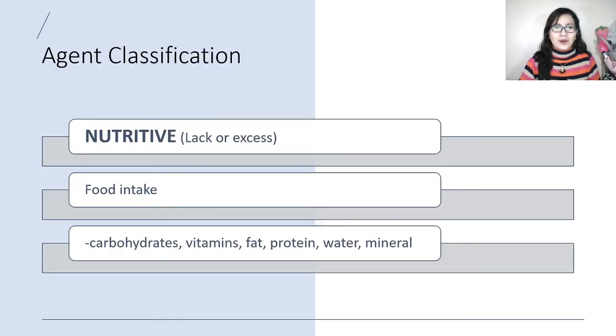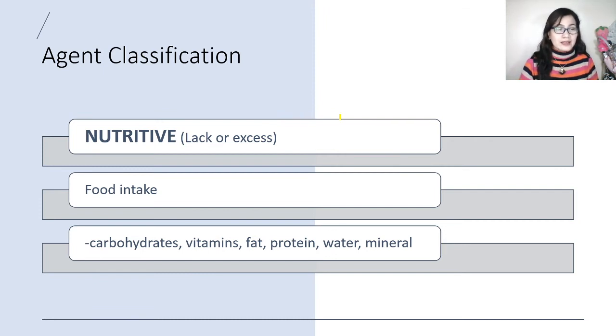We have another one, nutritive. It could either be the lack or excess in nutritional status. Food intake, take note, includes carbohydrates, vitamins, fat, proteins, minerals, water, sodium, and so on.